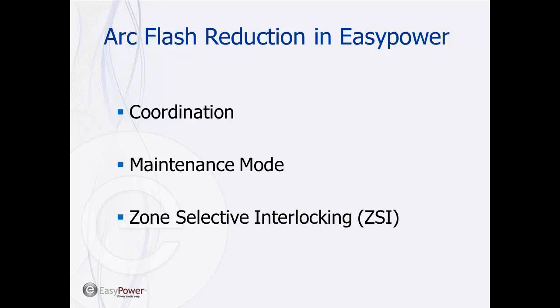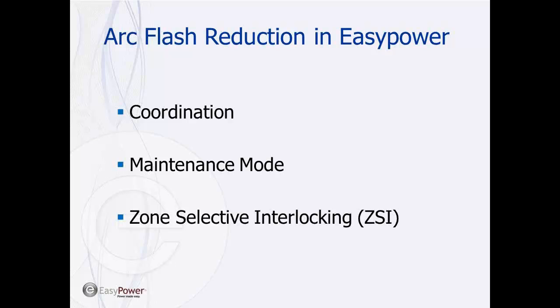If you're looking at digital relays or retrofitting your mechanical relays, most digital relays have the ability to have multiple instantaneous functions, and you can use that to your advantage with instantaneous time delays to have lower trip times that coordinate better with your low voltage circuit breaker trip devices.